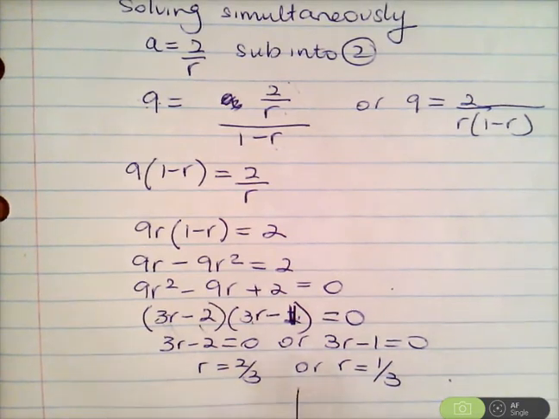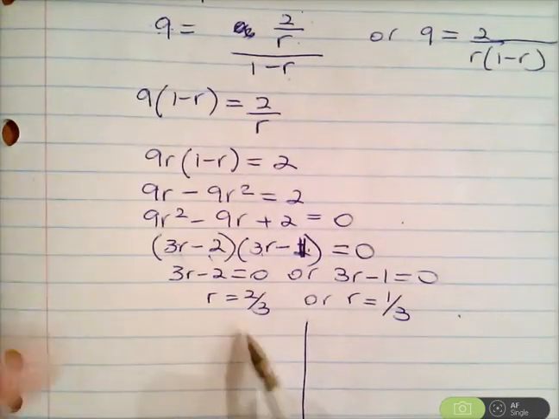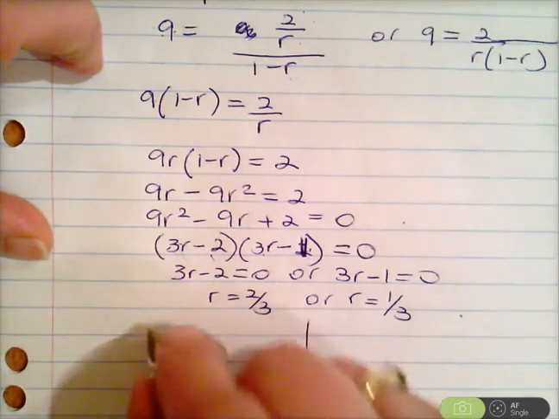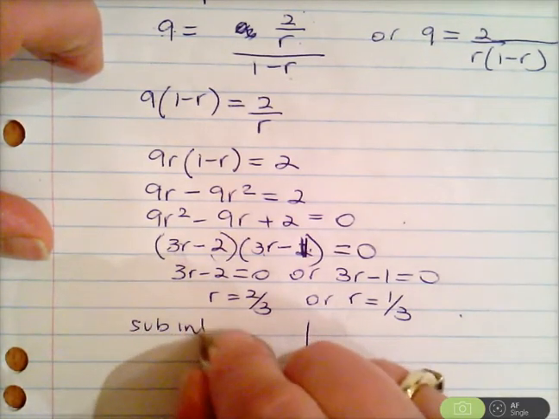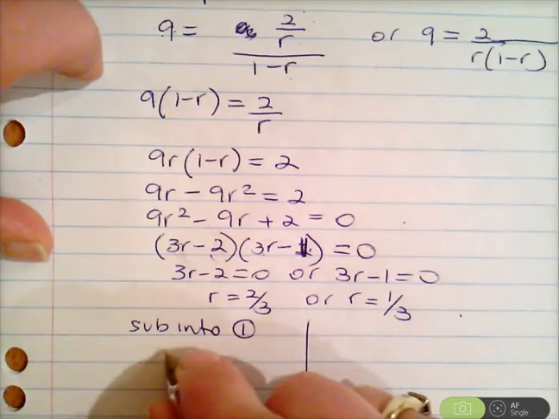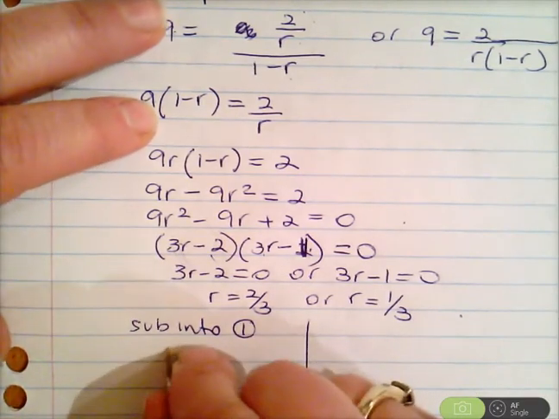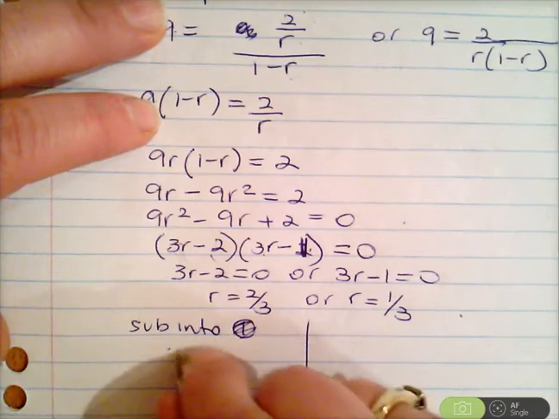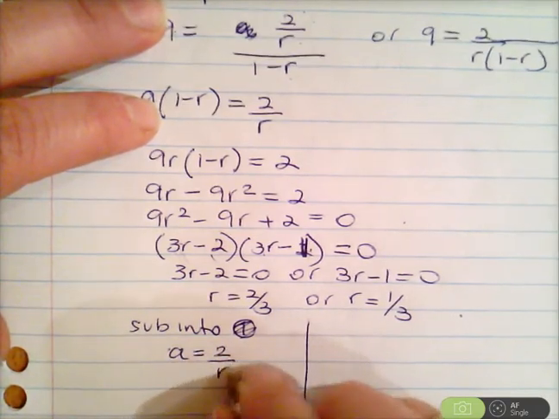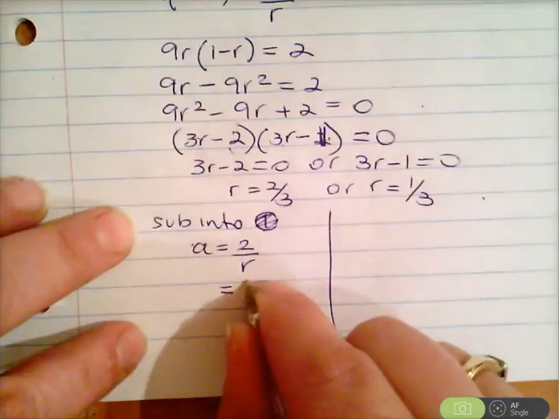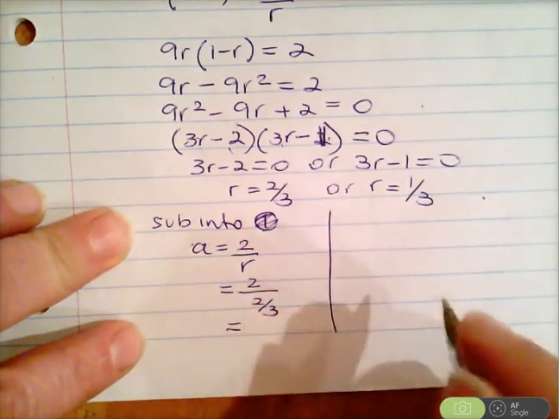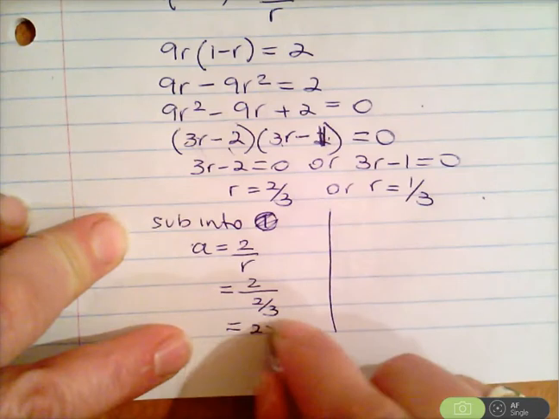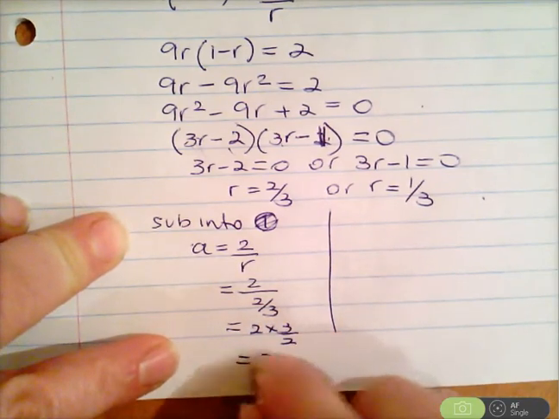So when r is 2/3, we're going to have to work out what a is. So subbing into equation 1, or just sub into a equals 2 over r. So we get 2 divided by 2/3, which is 2 times 3 over 2, which is 3.